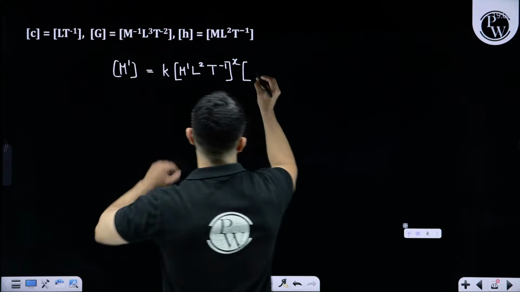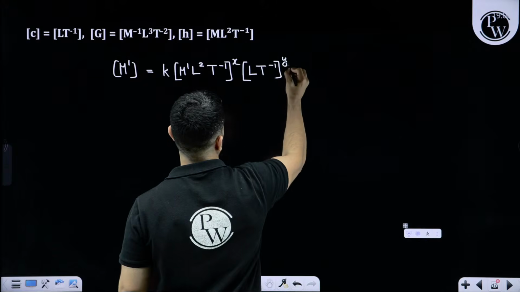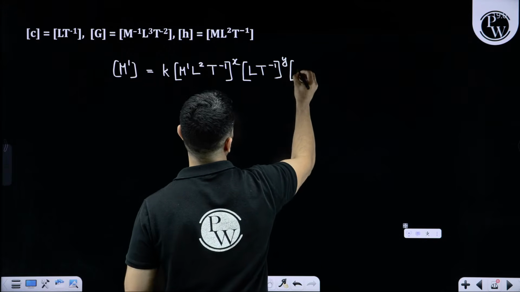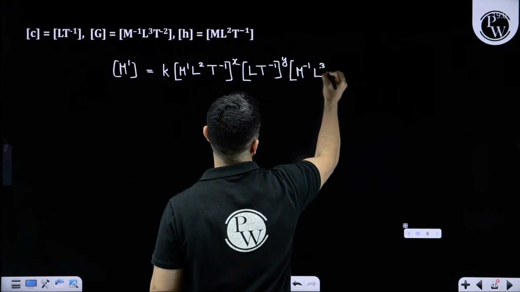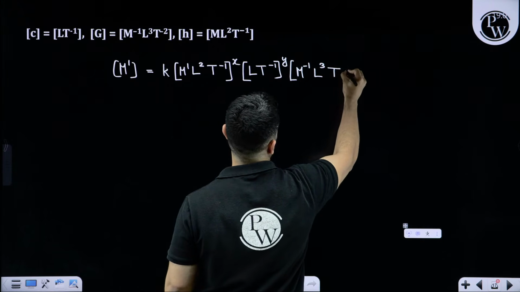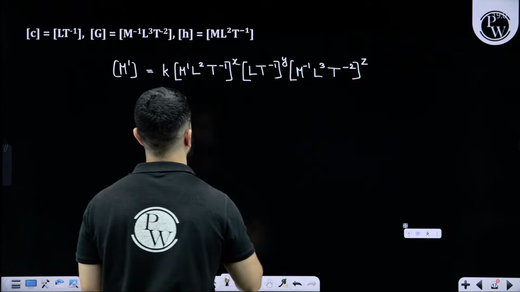So c is L t minus 1, and this is y, and then you have got g, that is m minus 1 L3 t minus 2, and this is z. This is our first step.